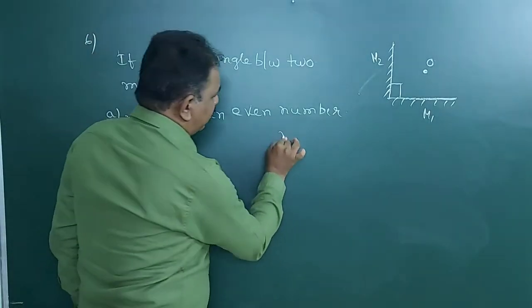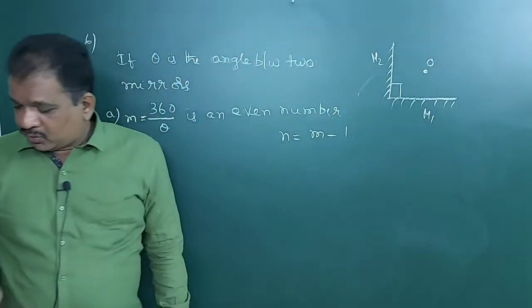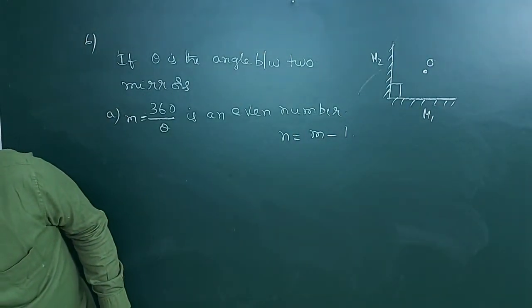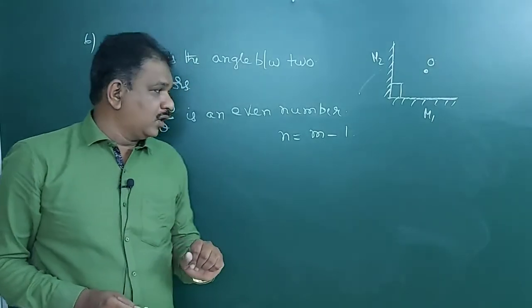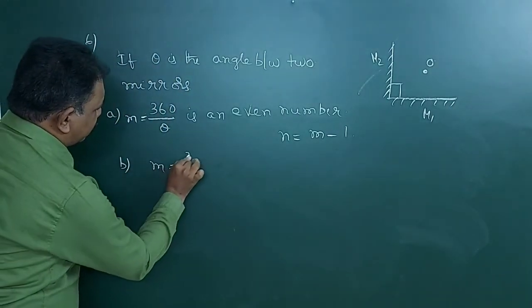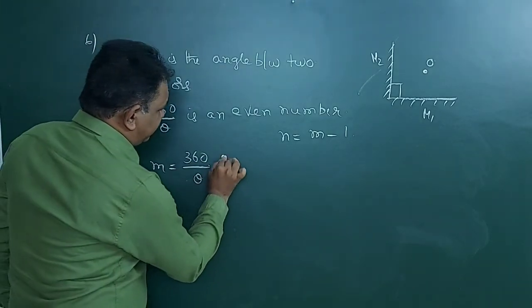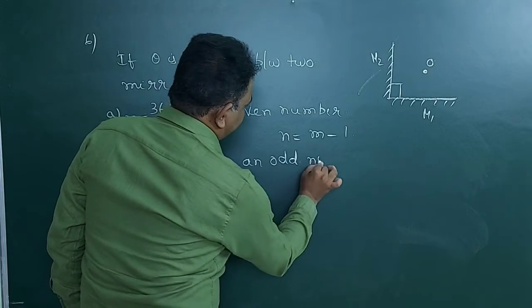Then the number of images formed will be equal to m minus 1. Understanding? So how many images will be formed means m minus 1. Next, m is equal to 360 by theta is an odd number.